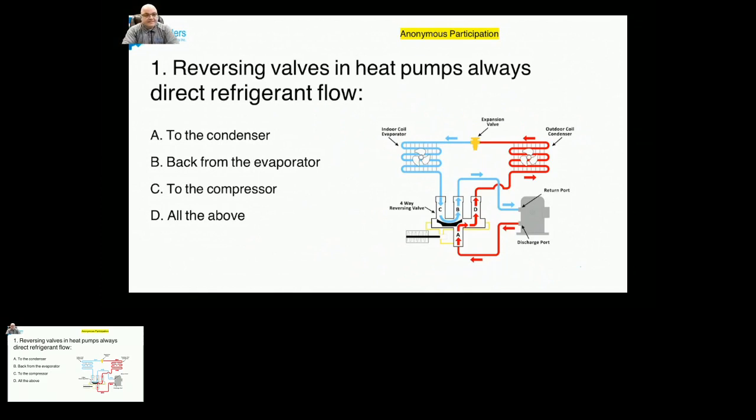What should we call this? Are we rejecting heat to the outdoors or rejecting heat to the indoors? I think we're rejecting heat to the outdoors, which makes it an AC, air conditioner.